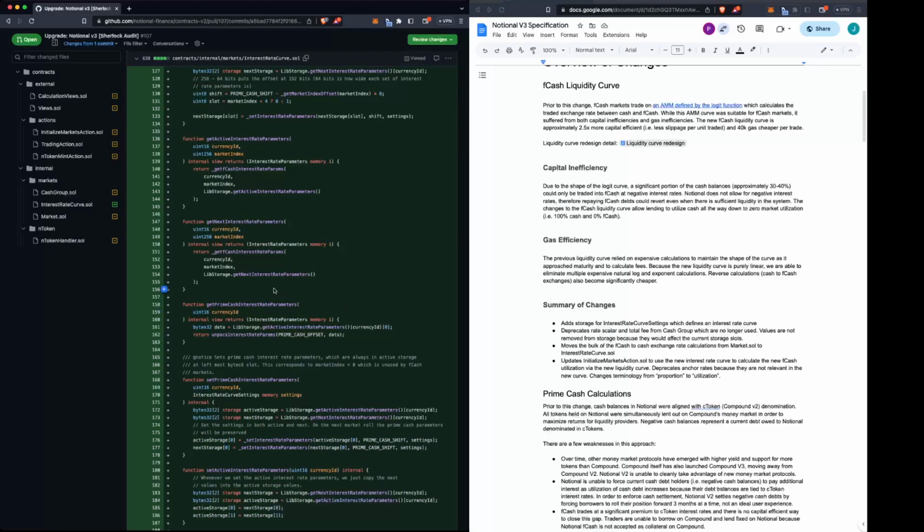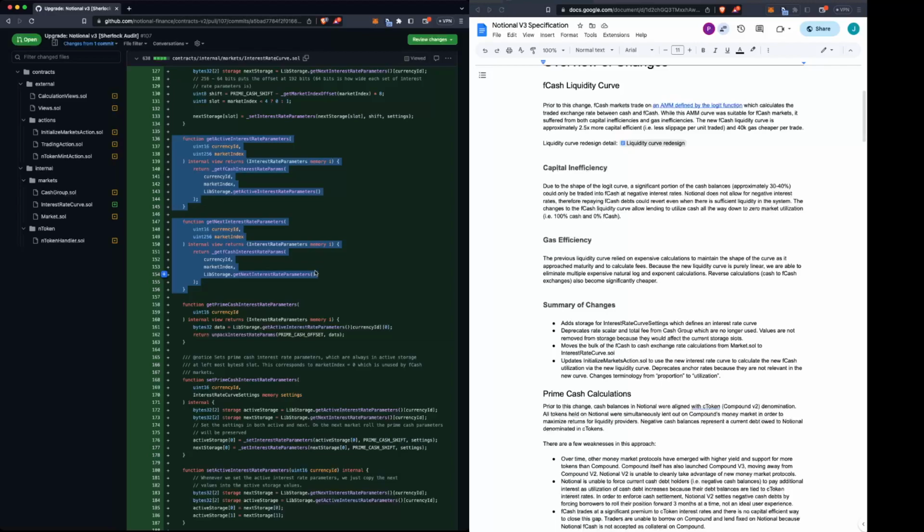We'll get into initialized markets, but one thing I wanted to point out is that under the current Notional liquidity curve, some aspects can be changed at any time, and other aspects can only take effect at the next quarterly roll.